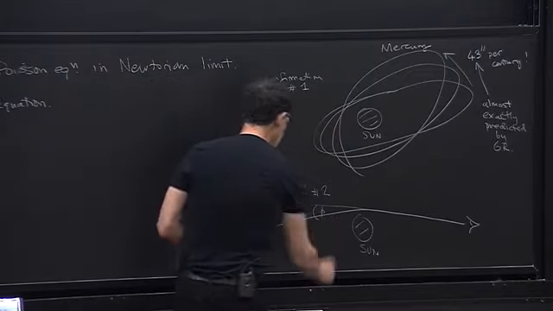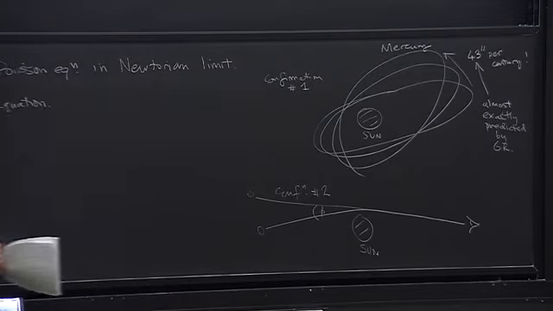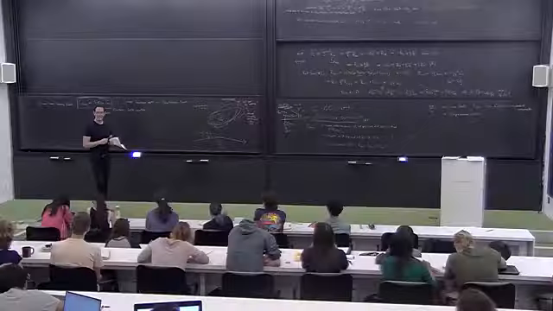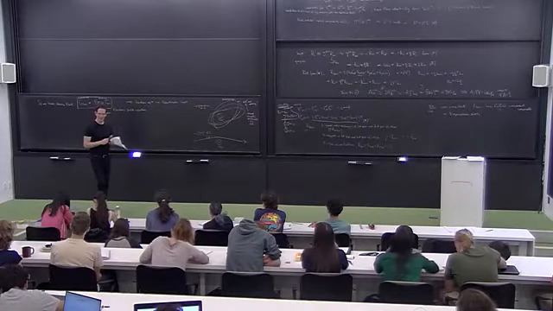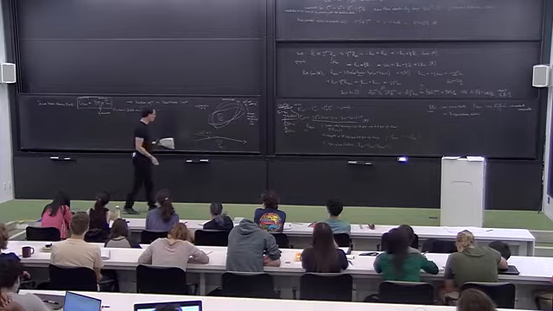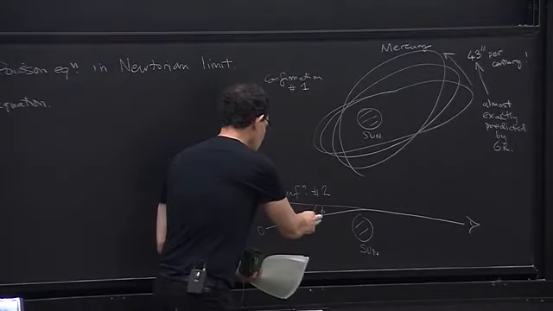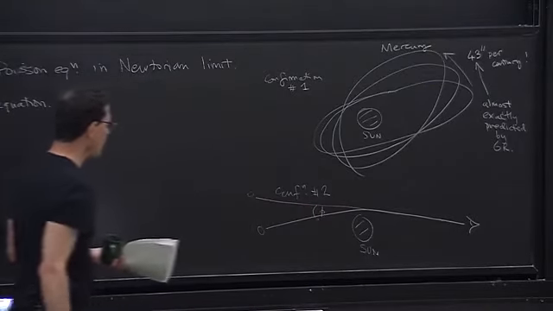And that angle is a deflection angle. So Einstein calculated it, actually got it wrong by a factor of 2 in his first paper. And then a couple of years later corrected that. There's a sort of trivial reason why he got the factor of 2 wrong.